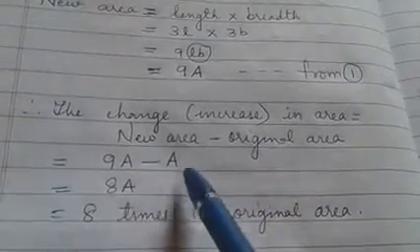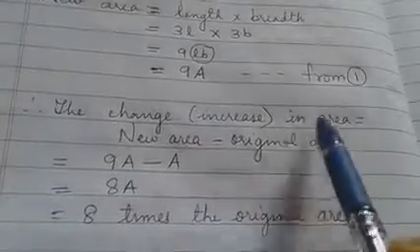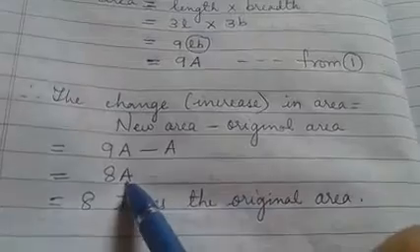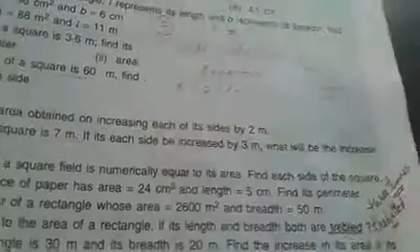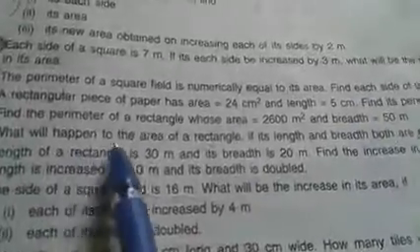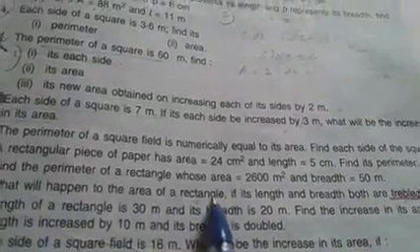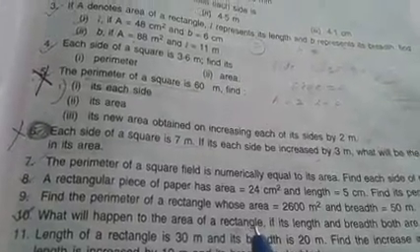So 9A minus A is equal to 8A, which is 8 times the original area. So what will happen to the area of the rectangle? It will increase by 8 times. Okay, so we'll stop here. Thank you so much.